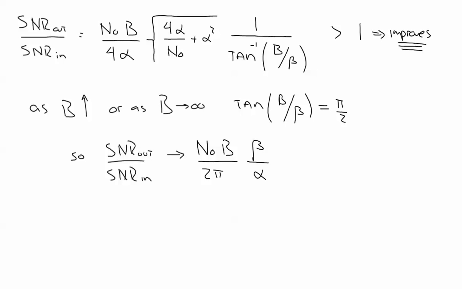My ratio of output to input signal-to-noise ratio is a function of my bandwidth. And so my signal-to-noise ratio at the output compared to the signal-to-noise ratio at the input gets better and better and better as I look at a wider and wider spectral band.